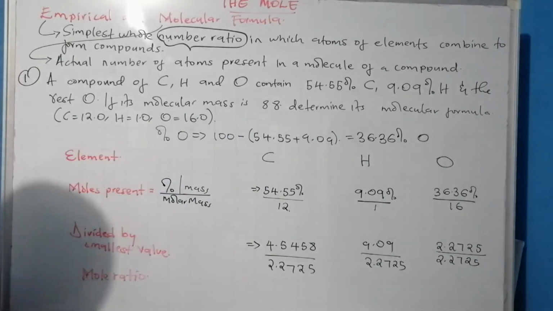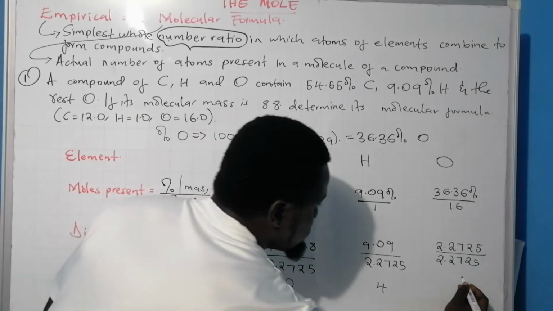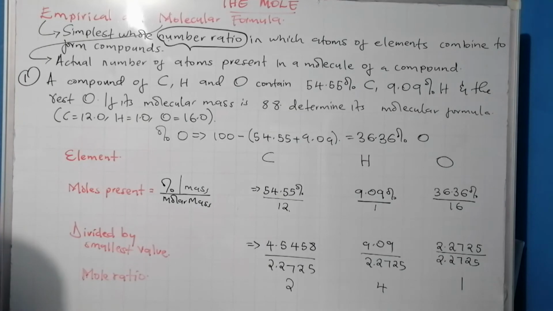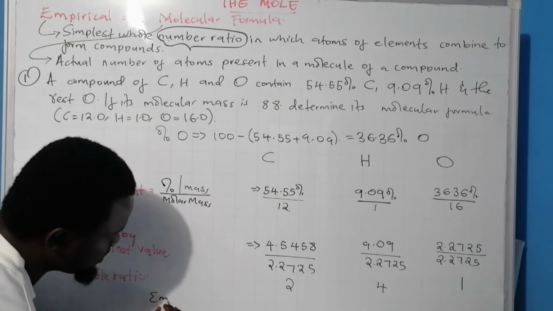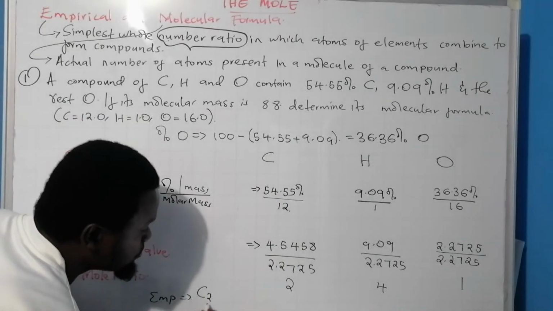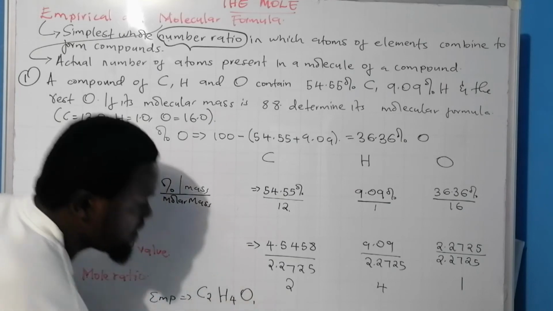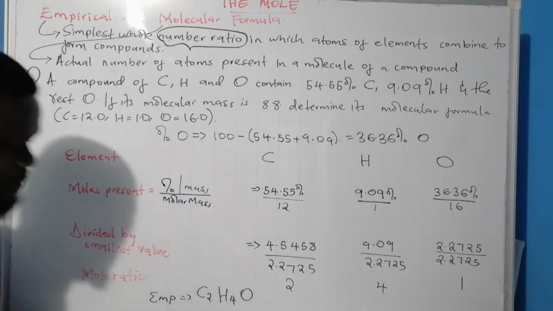So when I divide them by the smallest value, I'll get the ratio 2, 4, and 1. This one will be 1, that will be 4, and the other one will be 2. Therefore, the empirical formula will be equivalent to carbon. How many are they? They are 2. Hydrogen are 4, and oxygen is only 1. And there is no need of me writing the 1. I can leave it at that point.